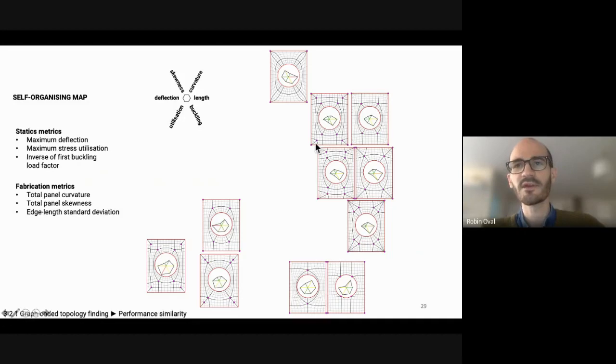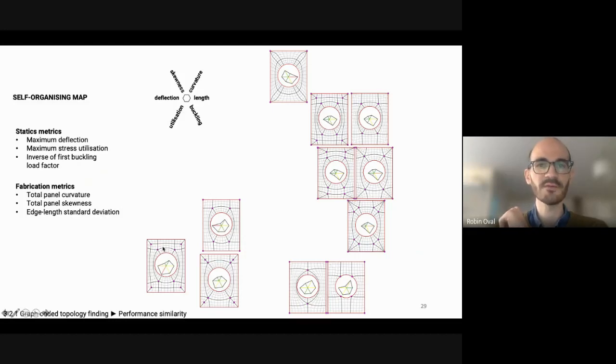So we can have a look at this cluster of 5 designs. You can see that they will actually be similar. They will have this low stress utilization, low panel curvature, and high edge length variation, for instance. So there's a similar performance. But what's also interesting is that they also share the fact that they have this pole concentrations at the corners.